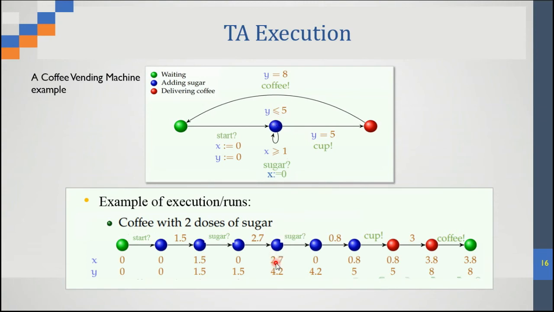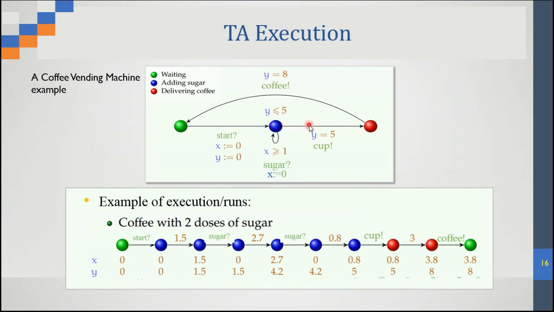Suppose we stay 2.7. And then we reset the x in the transition.